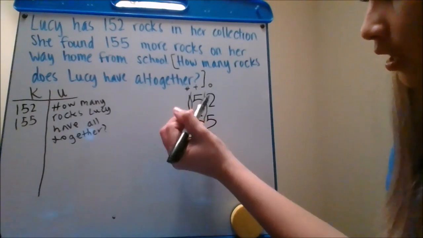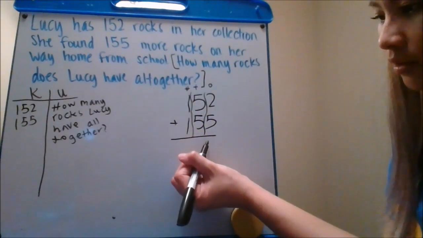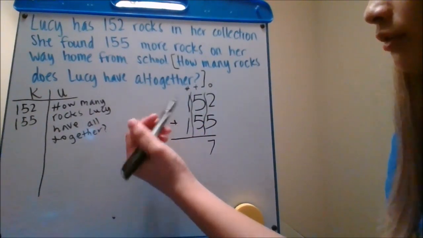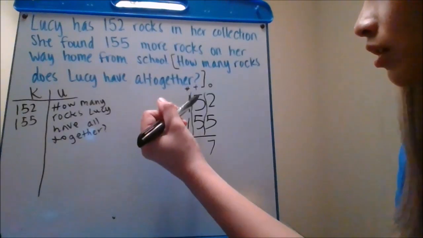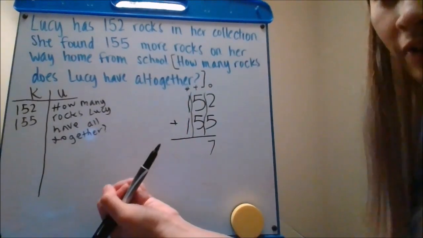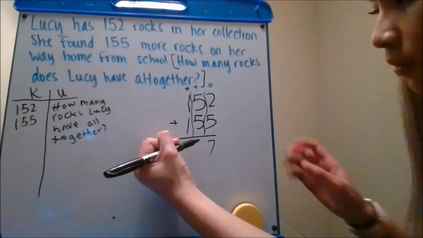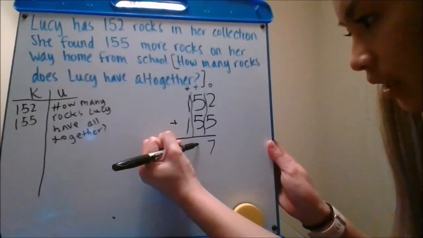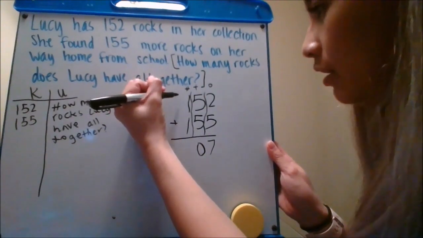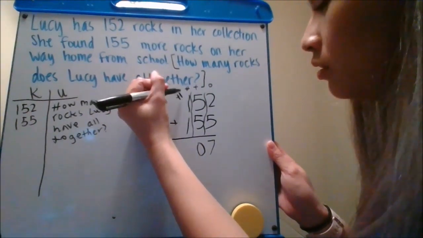So let's see. 2 plus 5 is 7. Then we move on to 10s. So 5 plus 5 is 10. And we know that the 0 in the 10 is in the 1s place. So we're going to put a 0 right here and carry the 1 to the hundreds.